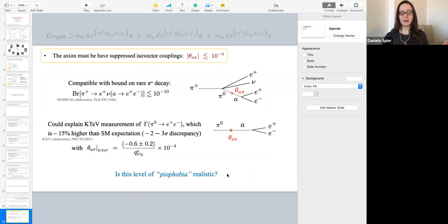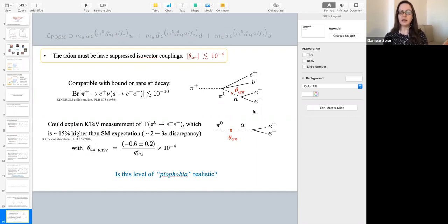So the other requirement I mentioned, that the axion must have suppressed isovector couplings, right? The way to parameterize the statement is to say that the axion mixing with the neutral pion should be less than 10 to the minus 4. This bound is coming from a search that was done back in the 80s by the SINDRUM collaboration, where they looked for rare decays of the charged pion to electron, neutrino, and an additional e+ e- pair.